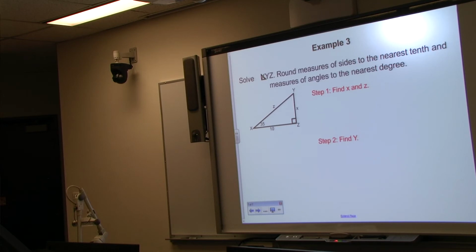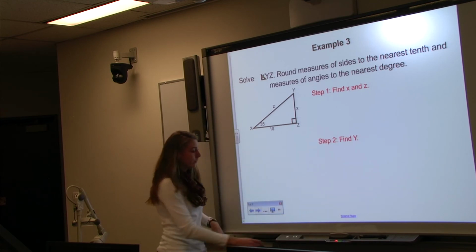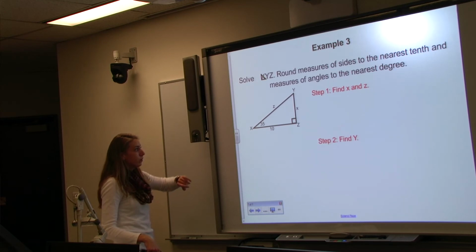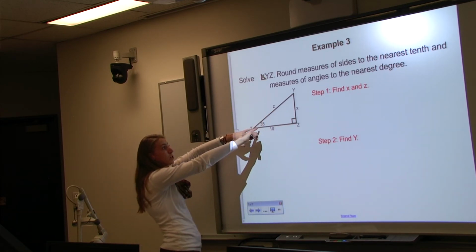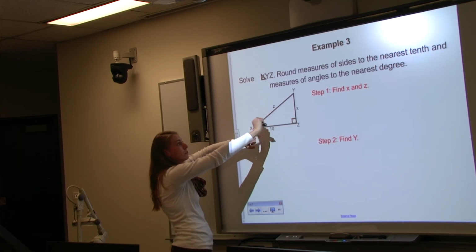We're running short on time here, so I'm just going to go ahead and explain this real quick. In order to find x, we are going to find our sine of 35 because we have an opposite and we have a hypotenuse.